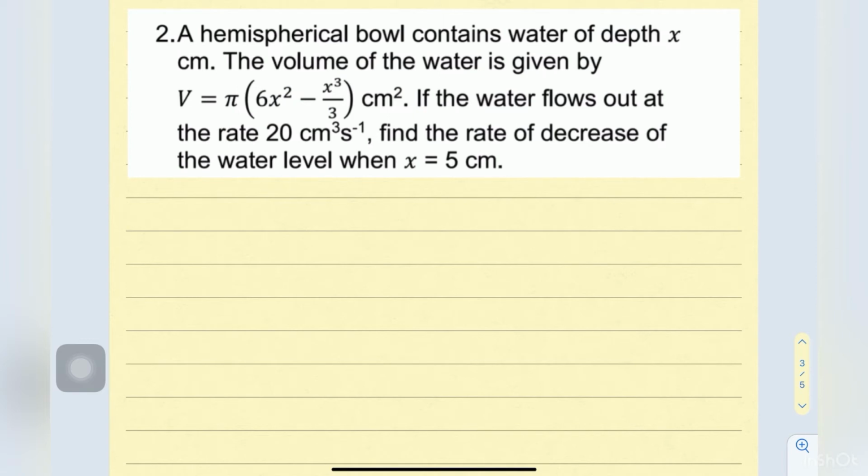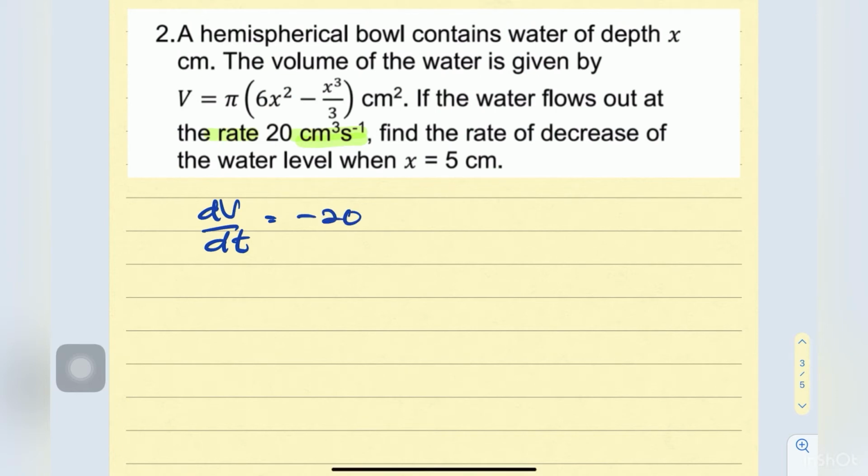Given the water flows out, meaning decreasing, at the rate, now we have the word rate. We can see the unit is centimeter cubed per second. So dV/dt equals negative 20, negative because it is decreasing.